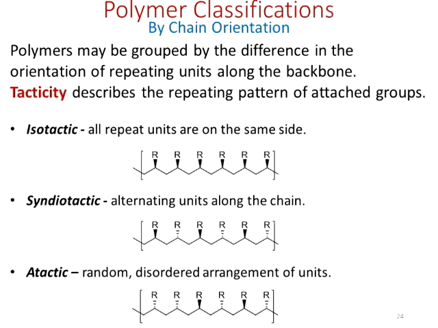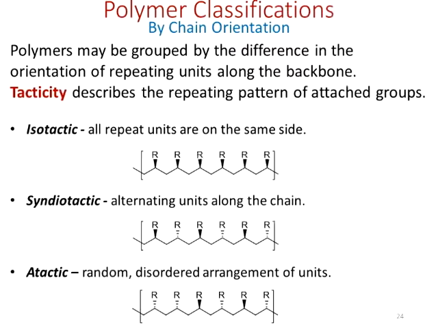Now, polymers may be grouped by the difference in the orientation of the repeating units in the backbone as well. This is one way we can differentiate polymers, based on the chain orientation. Tacticity describes the repeating pattern of the attached groups.